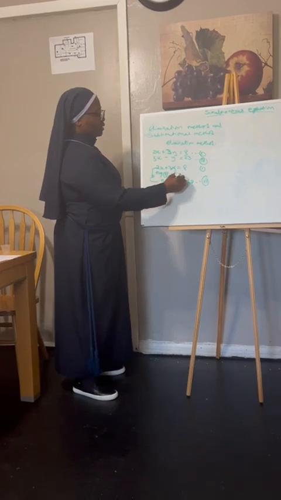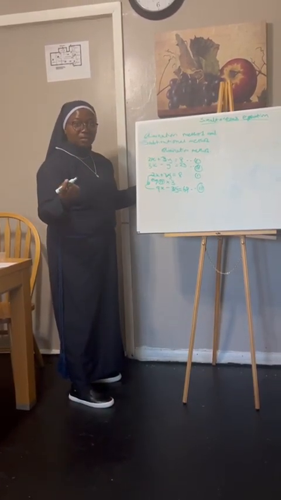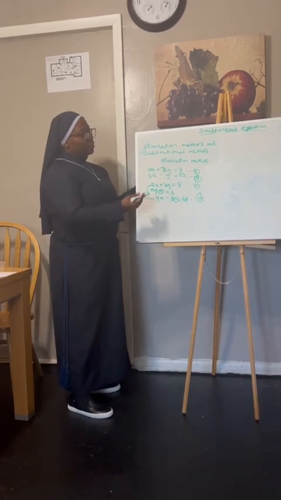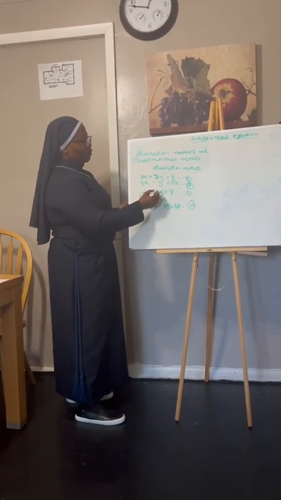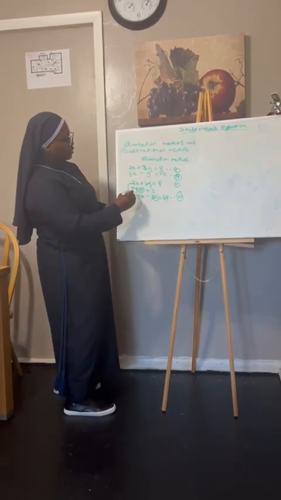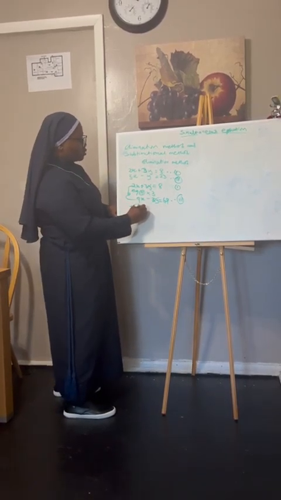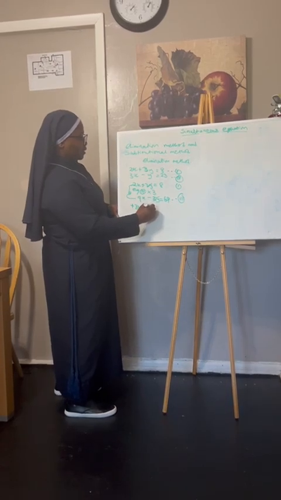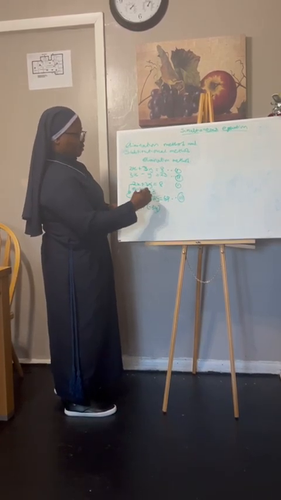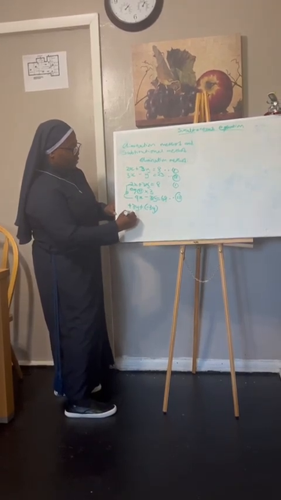The 3y will go, because I'm using plus. So this is 3y plus minus 3y, and this will give you plus 3y.